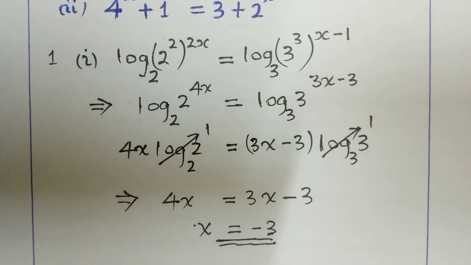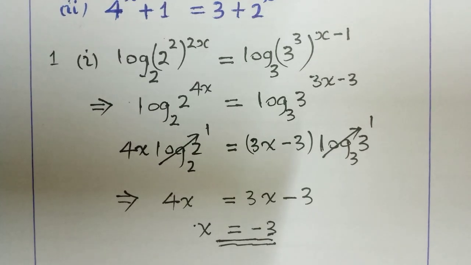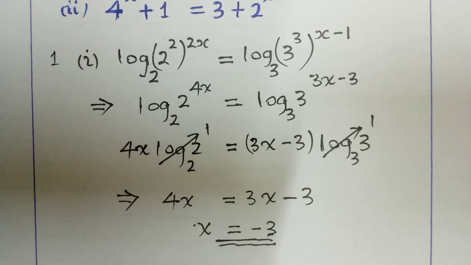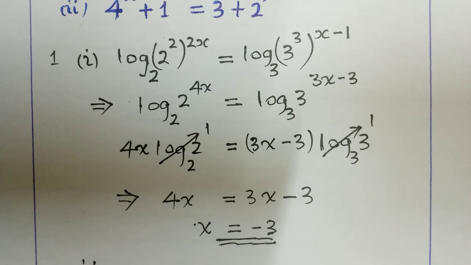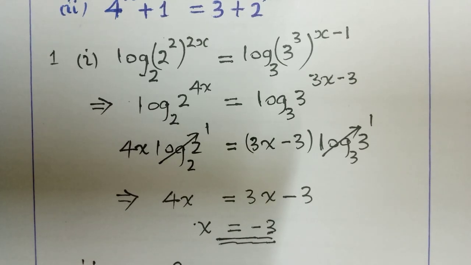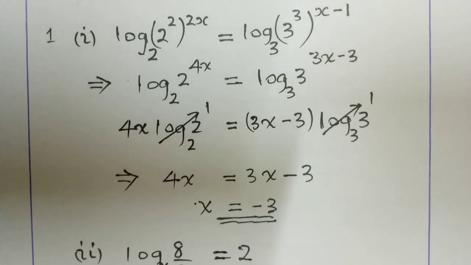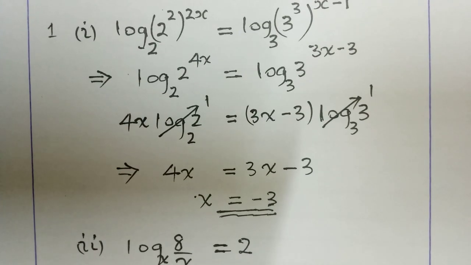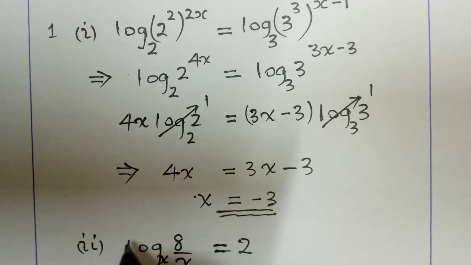We continue on to the second question, and it is written like this: log of 8 all over x to base x is equal to 2. We want to find out what x is.